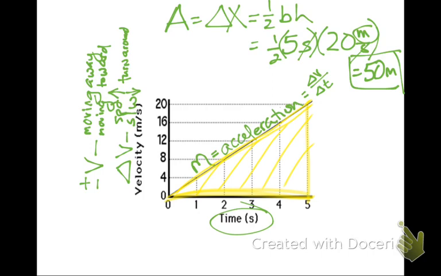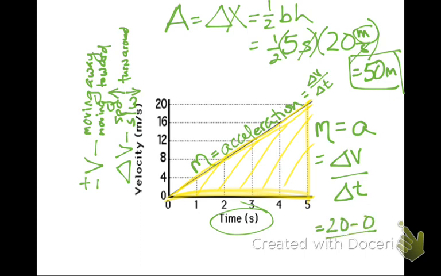Let's go ahead and calculate our m really quick. Our slope is our acceleration, which is going to be the change in velocity divided by the change in time. So our velocity was 20 minus 0 over 5 minus 0. That's going to give us, whoops, units, meters per second, divided by seconds.